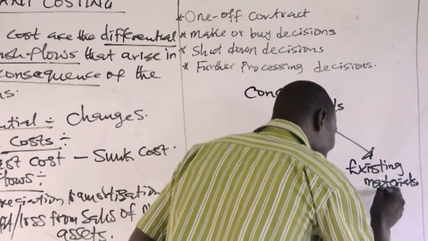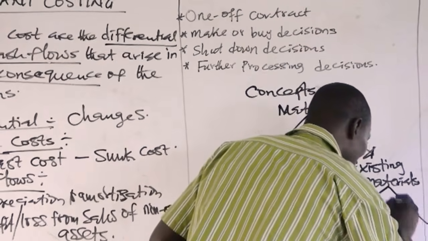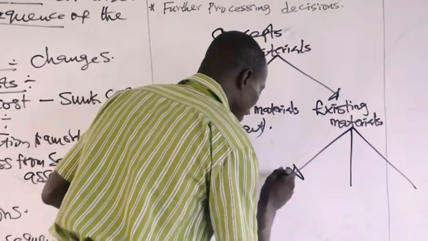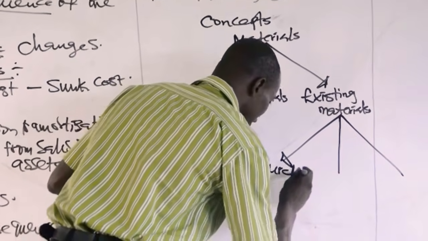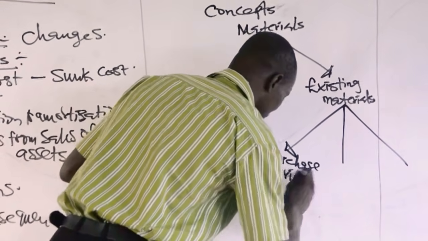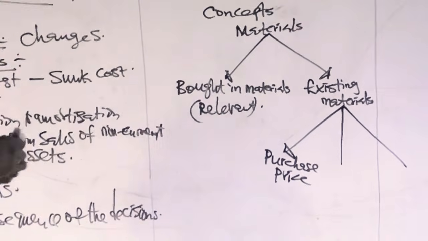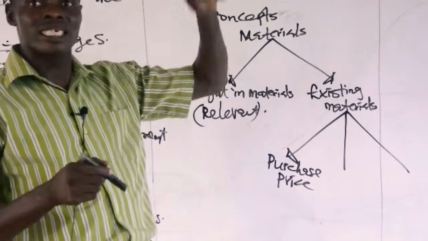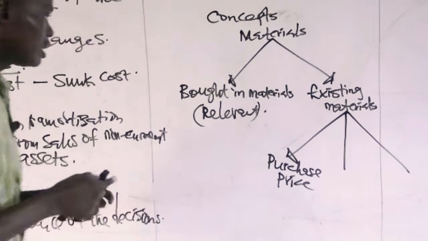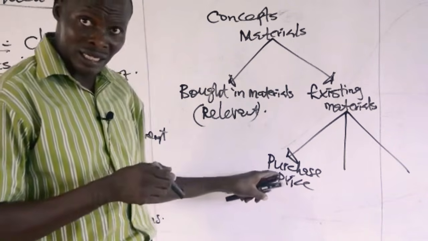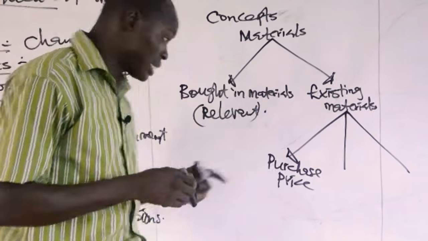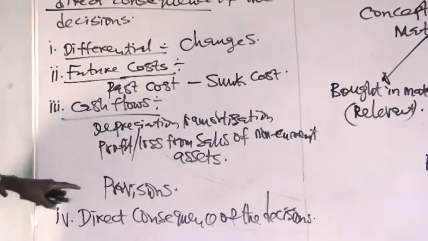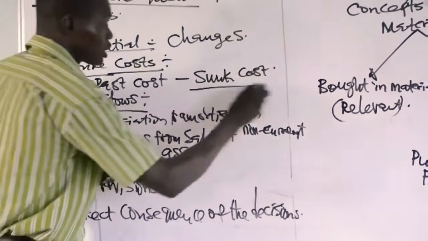We are going to break down the cost of these materials into three. The purchase price means the price the materials were bought at the time of purchase. Since these materials were bought sometime in the past, the purchase price is a sunk cost.